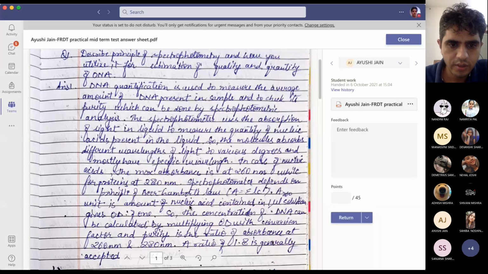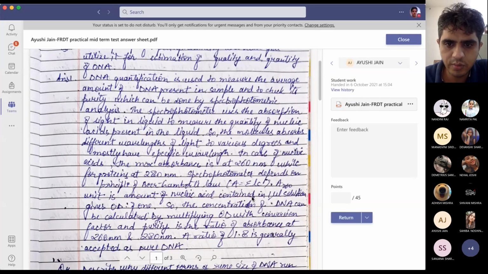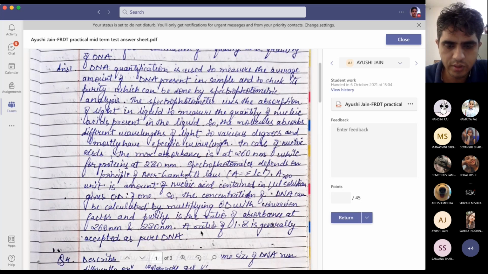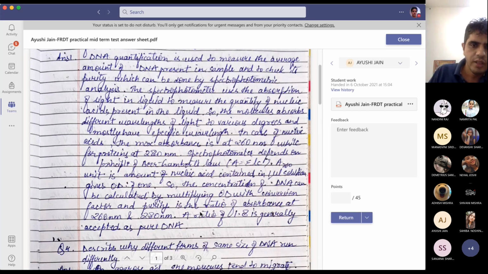Okay, so 1 microliter, 260 unit amount of nucleic acid contained in 1 microliter solution gives an OD of 1. So the concentration of DNA is calculated by multiplying OD with the conversion factor, and the purity ratio. If the ratio is 1.8 at 260 to 280, it is generally accepted as pure.